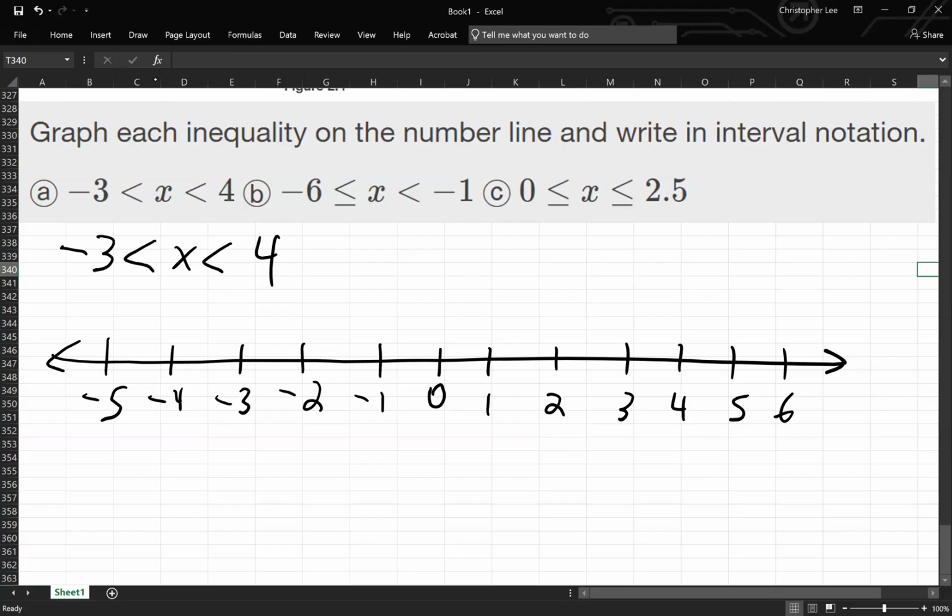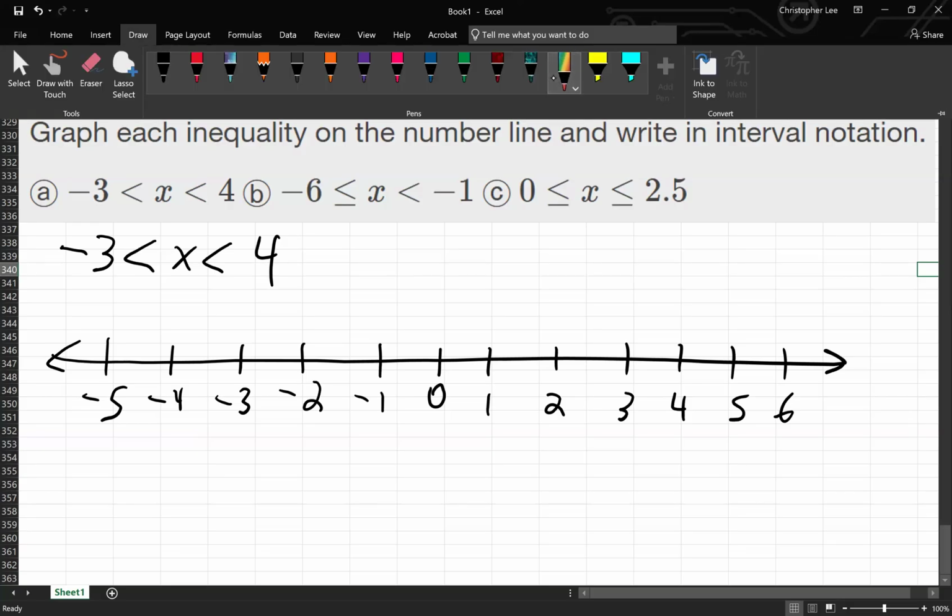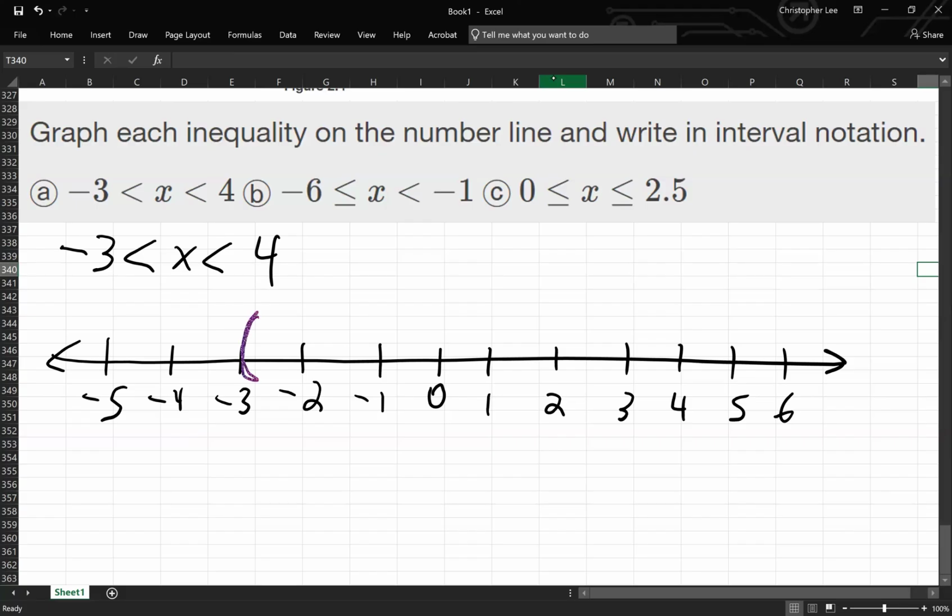Now, this is -3 less than x, which is less than 4. So it's going to be in between these two numbers. Let me go back to the rainbow. It's going to be open parentheses on the -3, close parentheses on the 4, because the -3 and the 4 are not included.